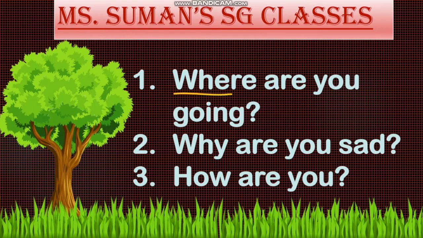See, where. We talked about where. Why are you sad? Why? A question word. Hence, it's a question. And at the end, a question mark. Question mark at the end of the sentence. How are you? It's again a question, hence a question mark.